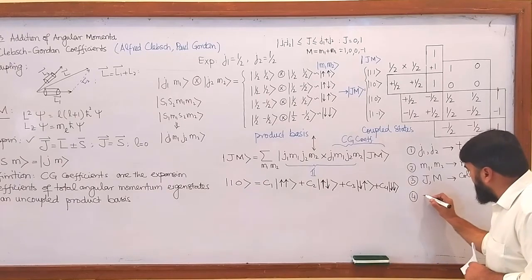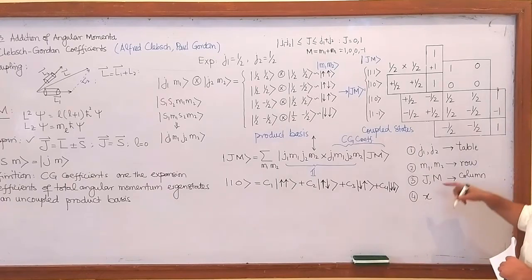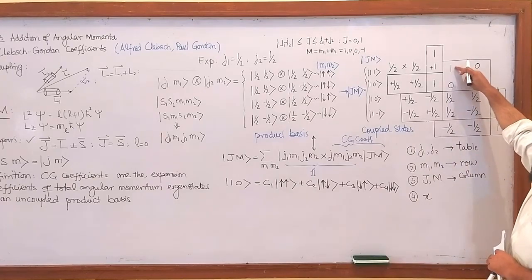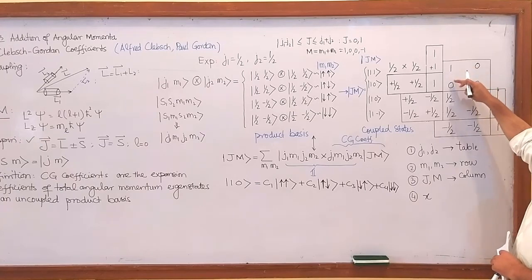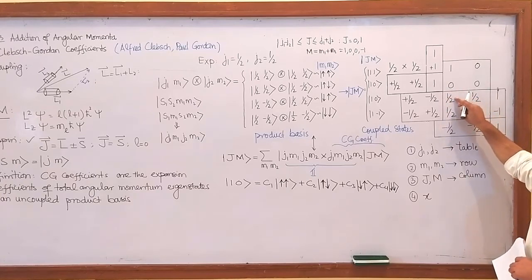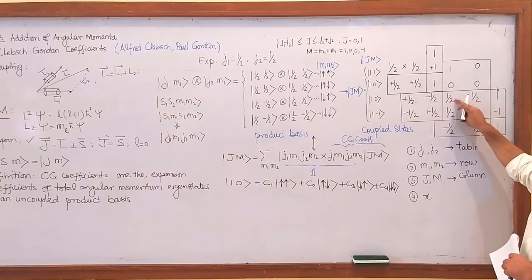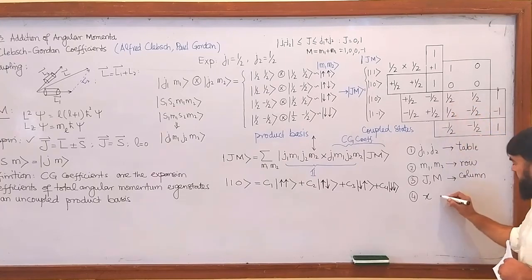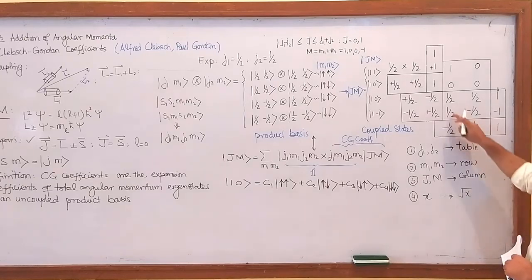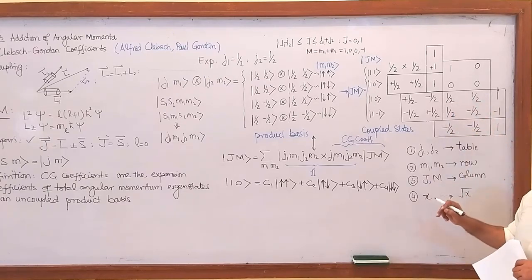The fourth: if we have a given value here, for example in the 1, 0 column the value is 1 over 2, then this 1 over 2 is actually under a square root. Why are we not writing the square root on all of them?